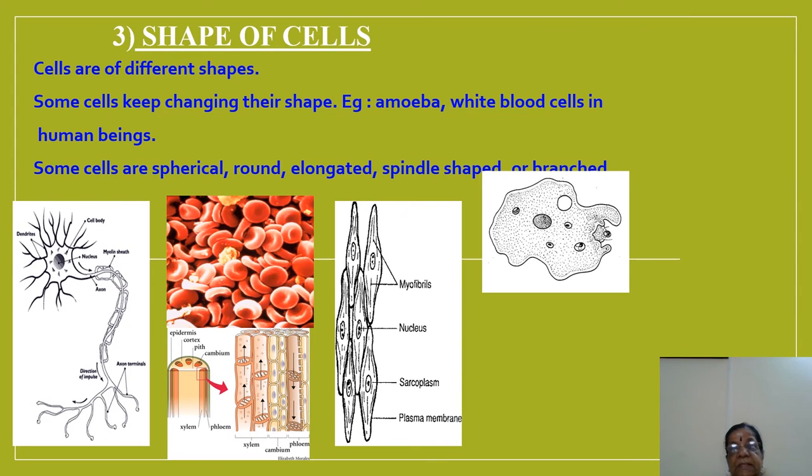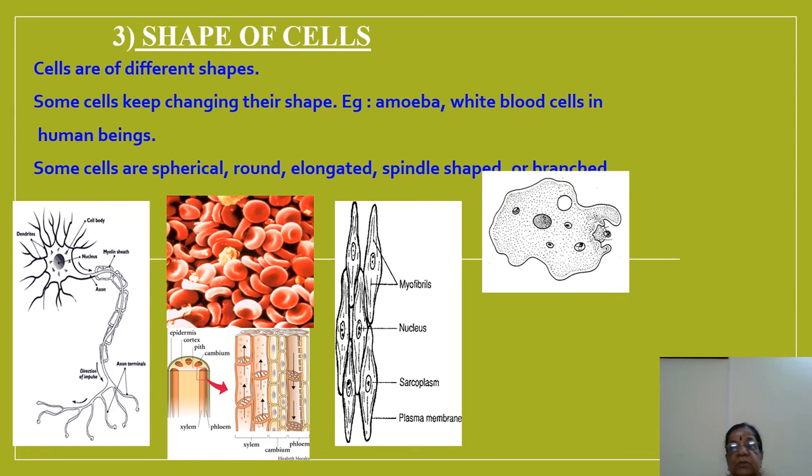And what you are seeing here, myofibril, nucleus, sarcoplasm, plasma membrane, they are a smooth muscle or involuntary muscle. And then what you are seeing here is xylem and phloem tissue, that is in plant. Xylem and phloem tissues in plant. Then here a single cell amoeba.